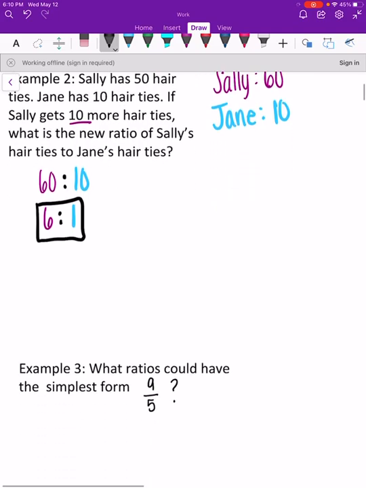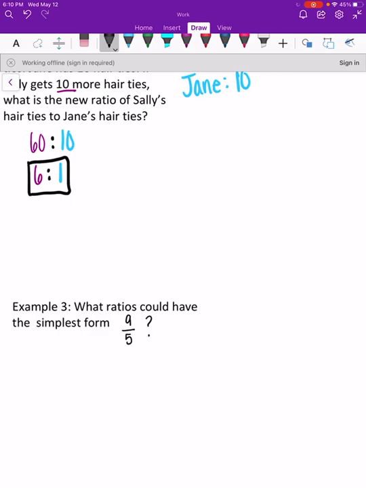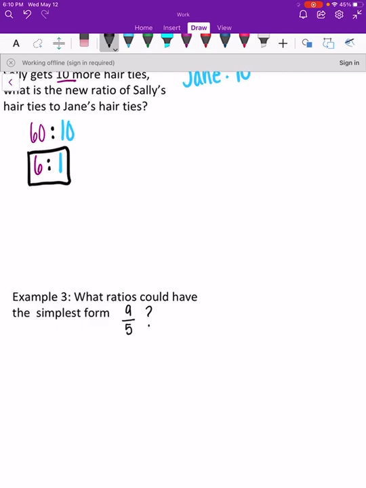Now, one more example while I have you is what ratios could have the simplest form 9/5? And there's actually infinite different ratios that could have the simplest form 9/5, and let me show you how to find them.